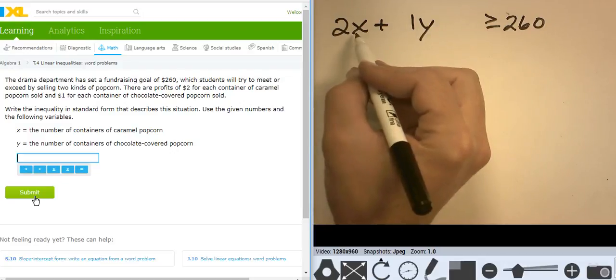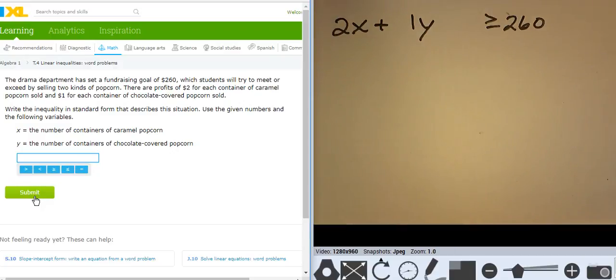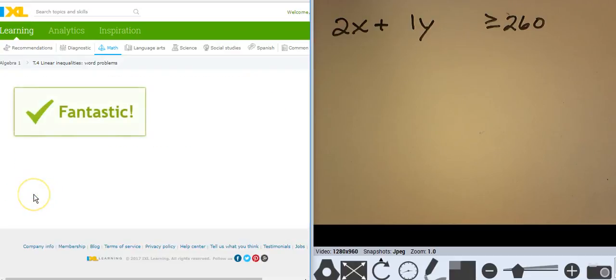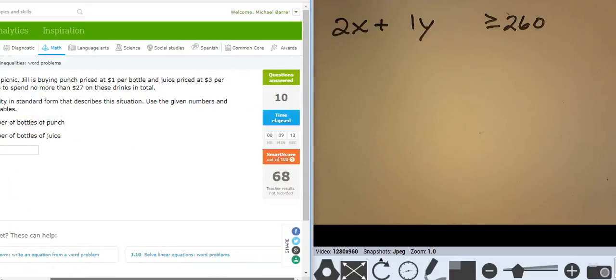So x is caramel, y is chocolate covered. That matches up pretty nicely. 2x plus y is greater than or equal to 260. Fantastic. All right, so I think you guys get the point of it. I'm up to 68 on my SmartScore.